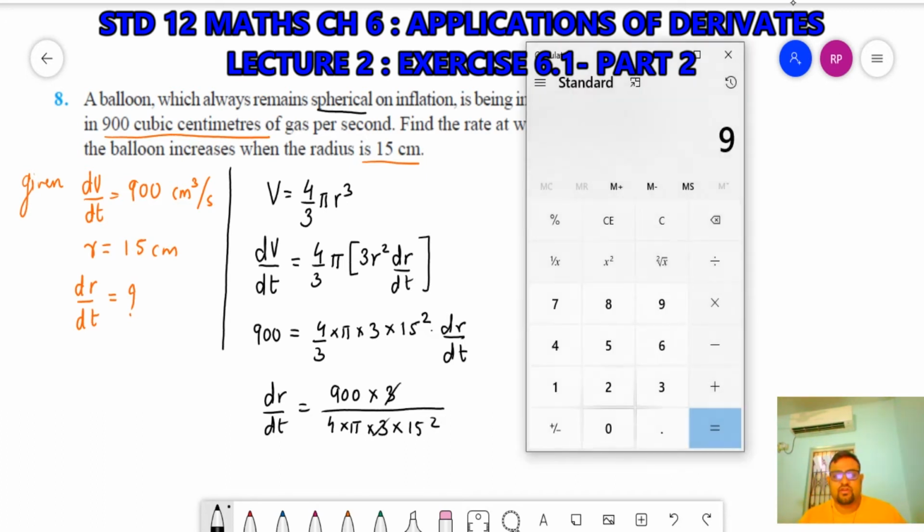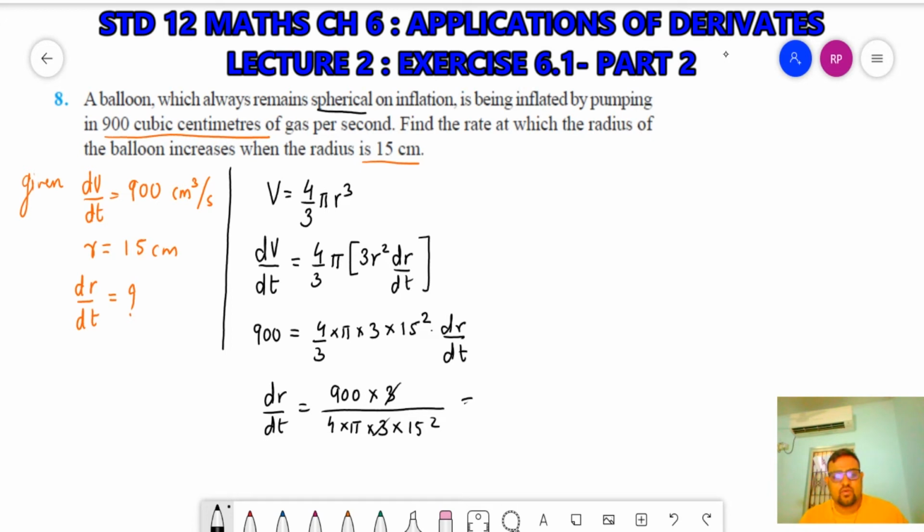So calculate it, 900 divided by 4 divided by 15 divided by 15, that is 1. So this will be equal to 1 upon pi centimeter per second. So the radius increases at the rate of 1 by pi centimeter per second.